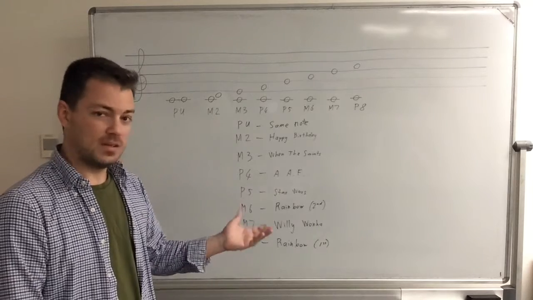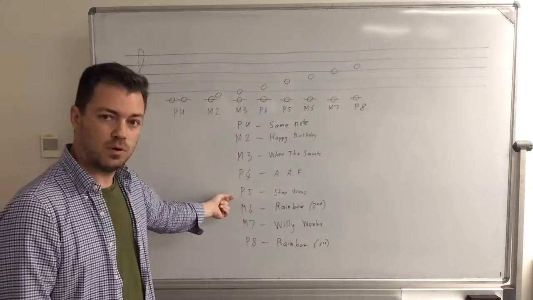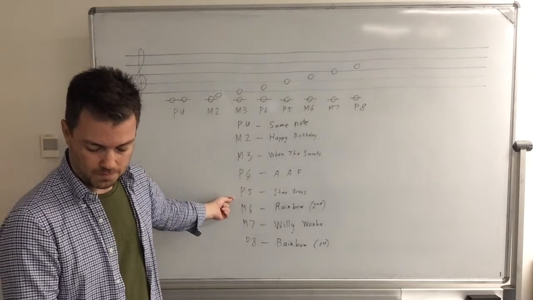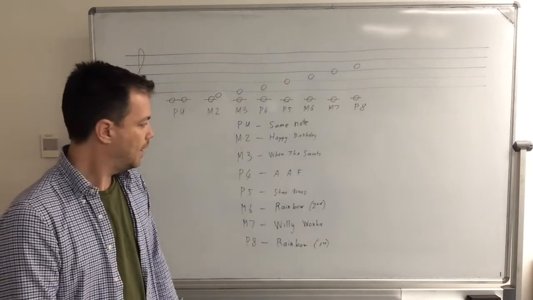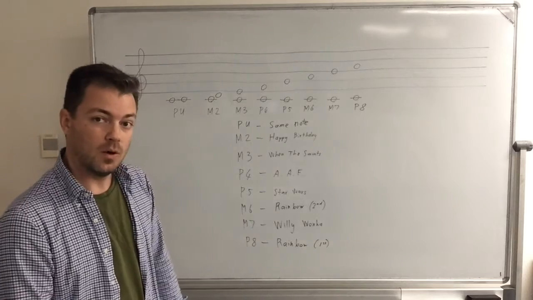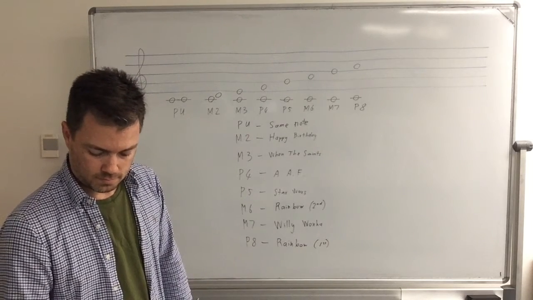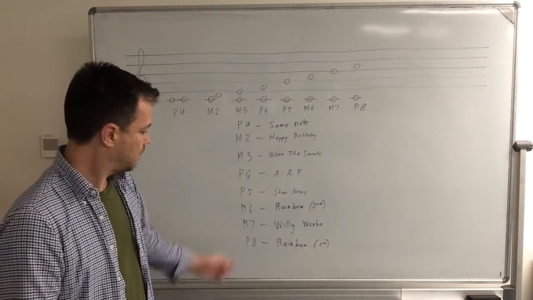So that is a perfect fourth, sounds like the start of Advance Australia Fair. Let's keep moving. Perfect fifth, sounds like the start of Star Wars. So here is a perfect fifth. Okay, and that sounds like Star Wars. So that is a perfect fifth.